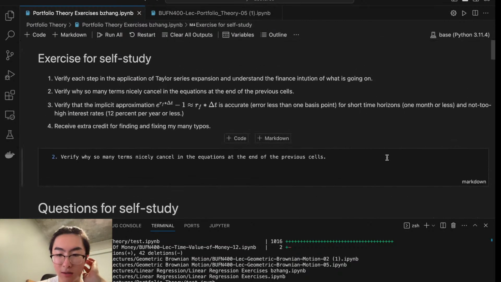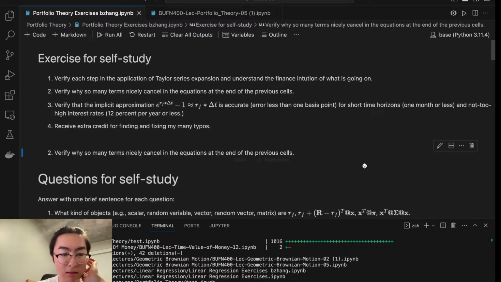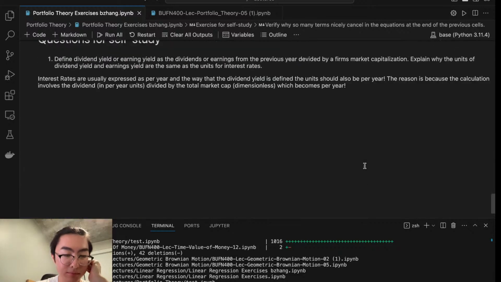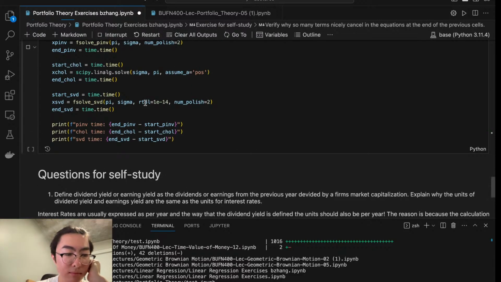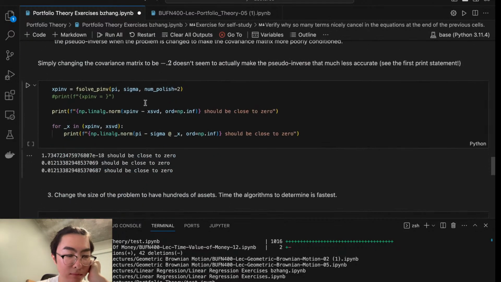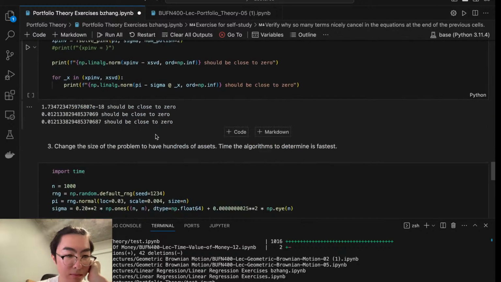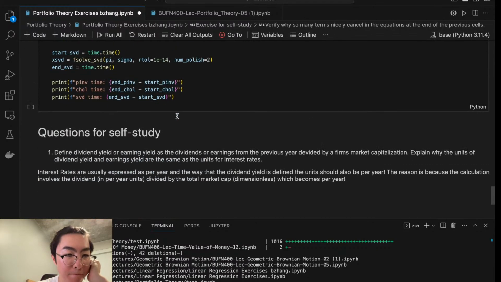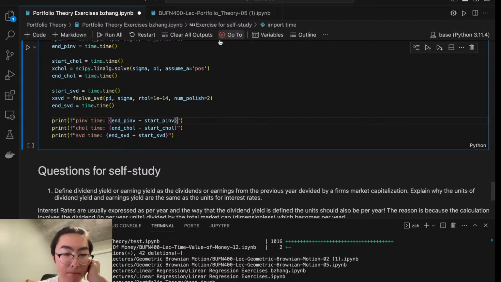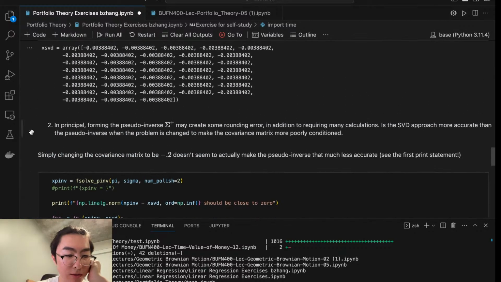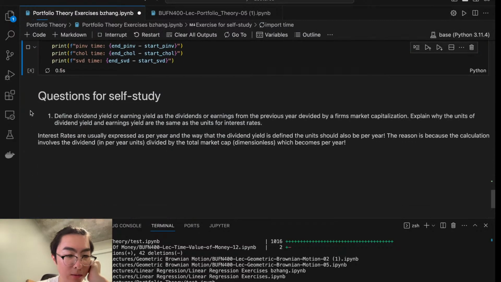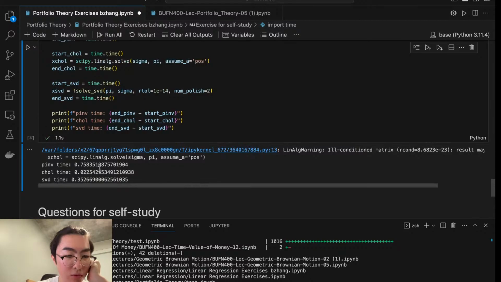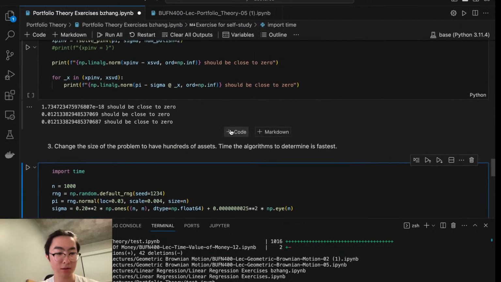All right. Okay, that's right. Okay, then we import this. Oh yeah, Cholesky still takes the best.